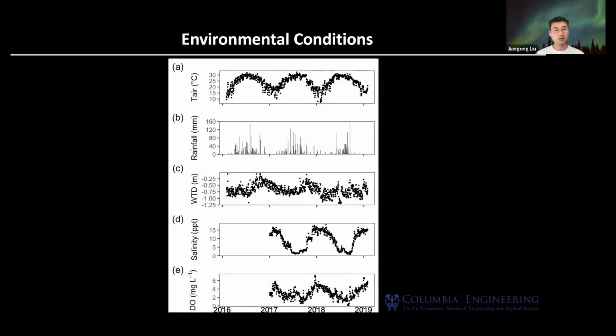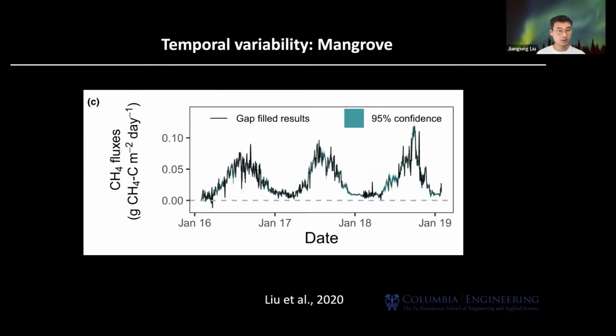Here are the environmental conditions for the site. During the summertime, we have quite high air temperature and rainfall, but the salinity and dissolved oxygen can drop a lot. This is the time series of methane fluxes from the mangrove site.